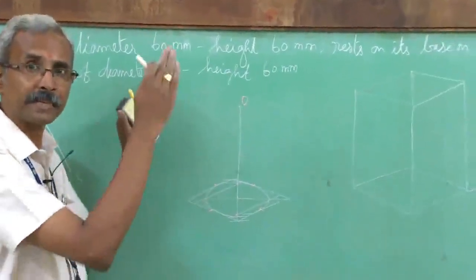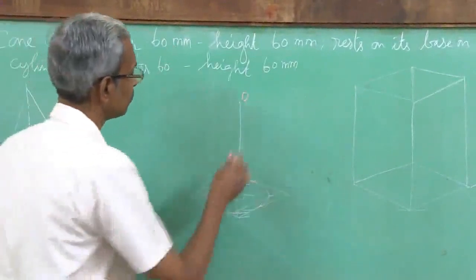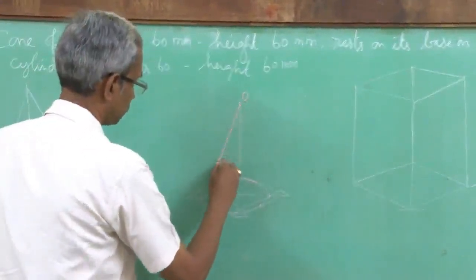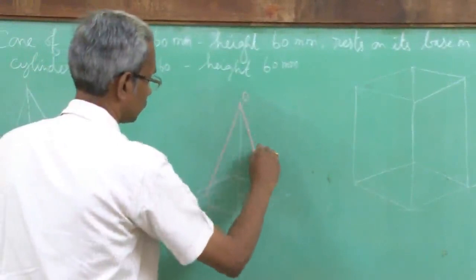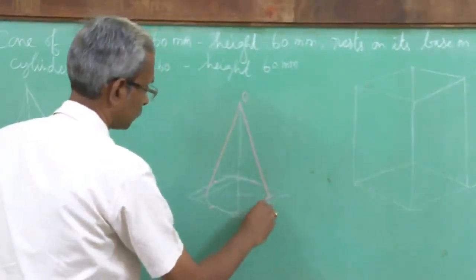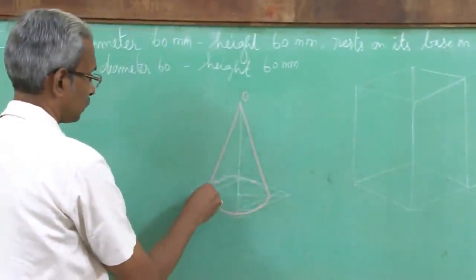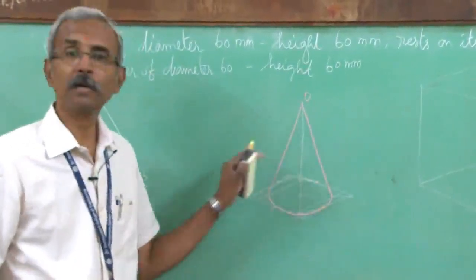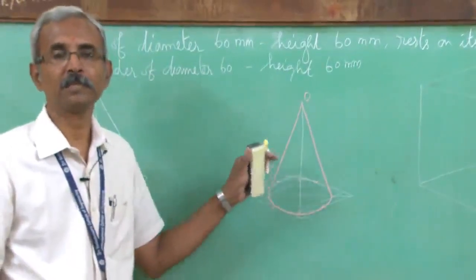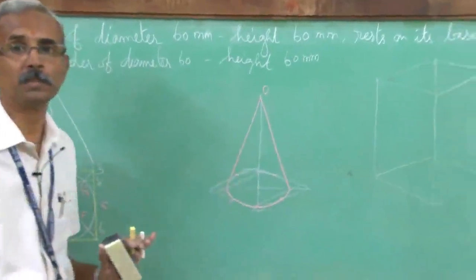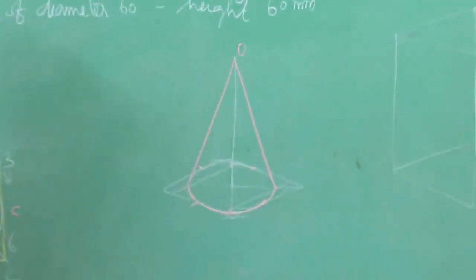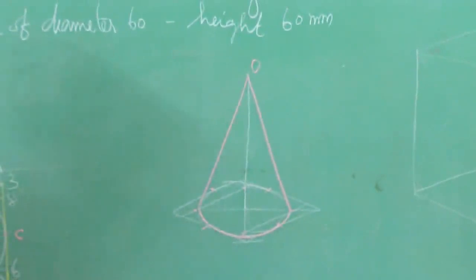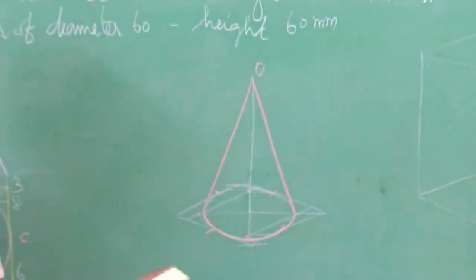You have to connect it tangentially. Right, so I can see the other half of the ellipse is hidden, and this is the isometric view of the given cone. So having done this, now we will see how to draw the isometric view of a cylinder.